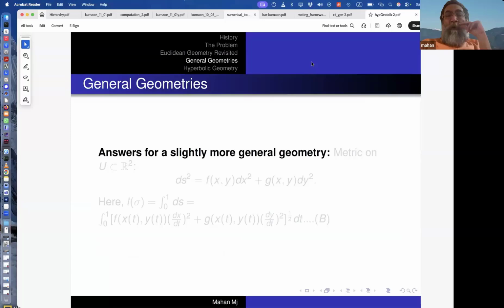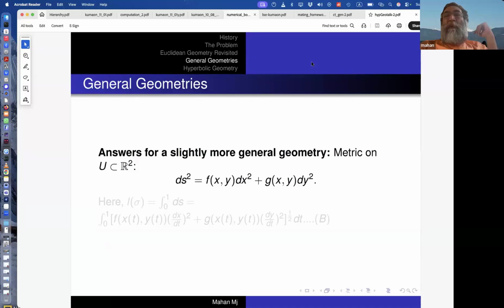Suppose I want to modify this geometry, this notion of a distance. I want to modify Pythagoras' theorem in its infinitesimal form. What do I replace?